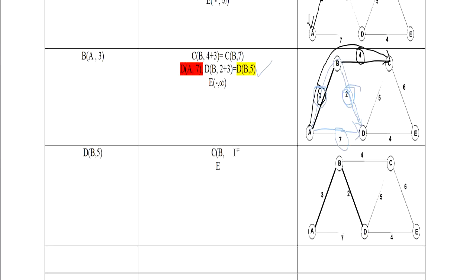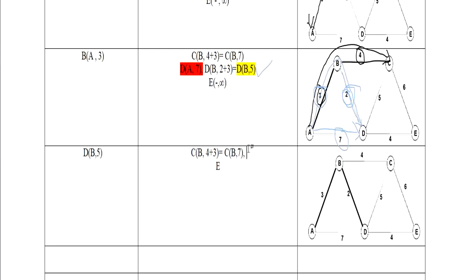I can visit C from B and its weight is 4, plus the cost of B, which is 3. So this can be written as C of B comma 7.